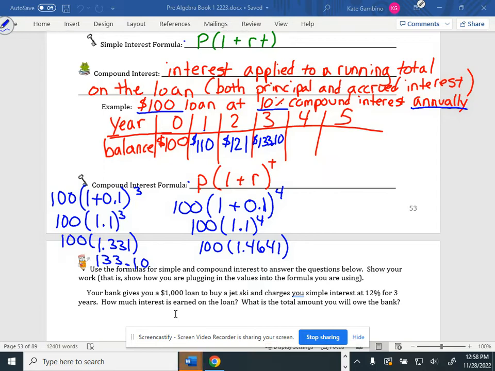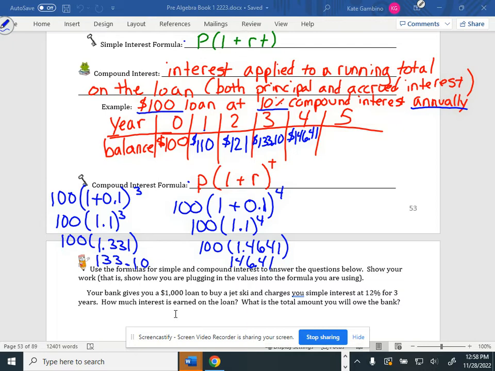Yeah, same. Okay. If we took it one step at a time, you would get 1.4641 times 100, and that would give you 146.41. And some of us know how to type it all into our calculators all at once.